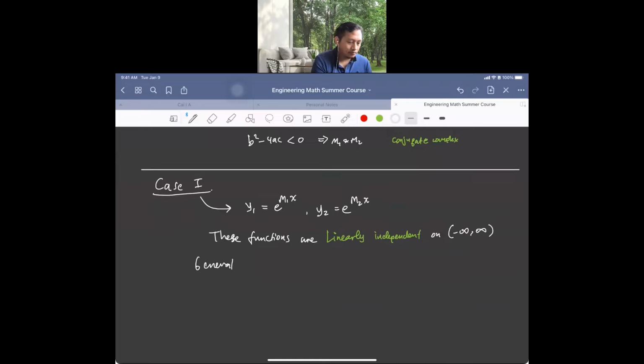And the general solution on this interval, you can write with constants c1 and c2 like that. This is for case 1.